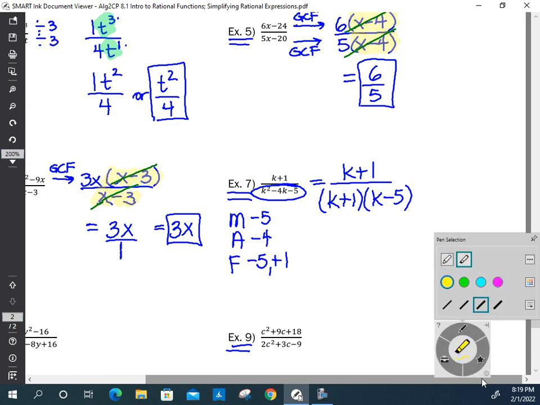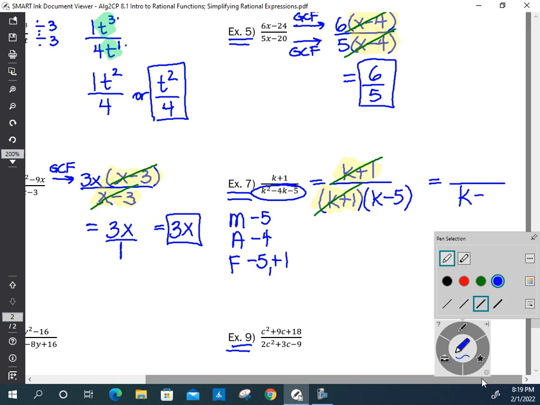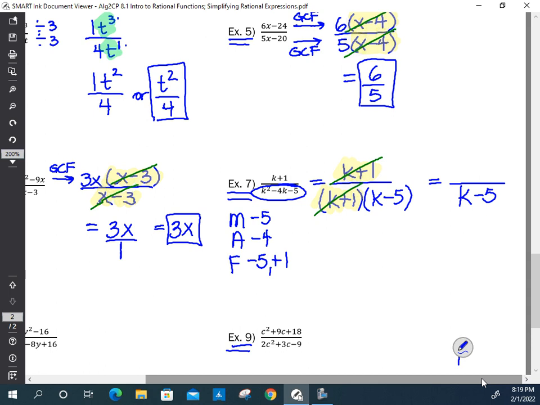So look again. k plus 1 at the top, k plus 1 at the bottom. So those are your shared terms. So they drop out. So at the bottom of the fraction, you're left with k minus 5. At the top of the fraction, k plus 1 drops out.